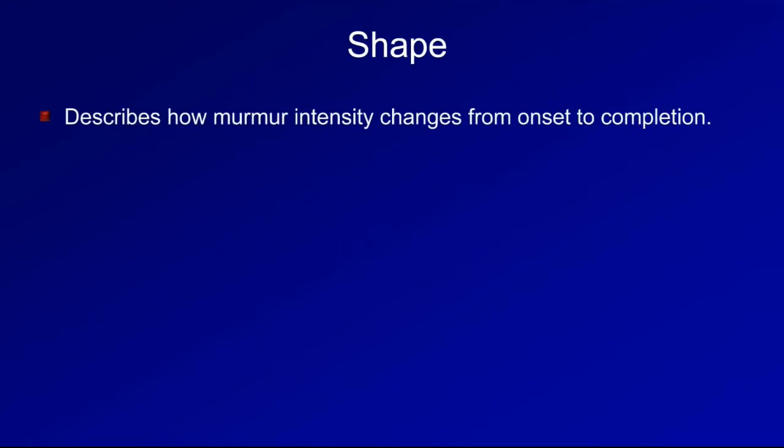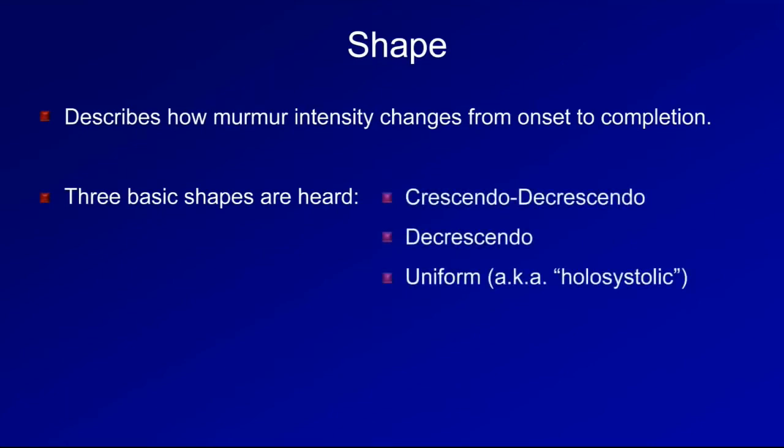The shape of a murmur describes how its intensity changes from onset to completion. There are 3 basic shapes heard: crescendo-decrescendo, decrescendo, and uniform, also called, when occurring during systole, holosystolic. In general, crescendo-decrescendo and uniform murmurs are heard during systole, while decrescendo murmurs are heard during diastole.